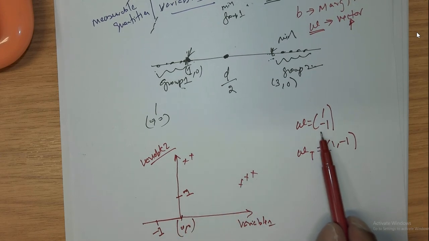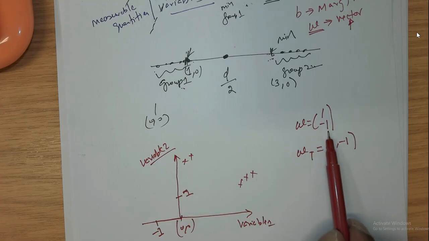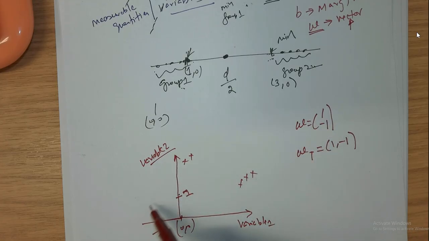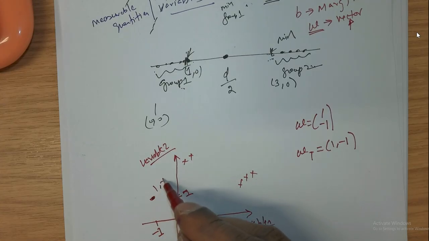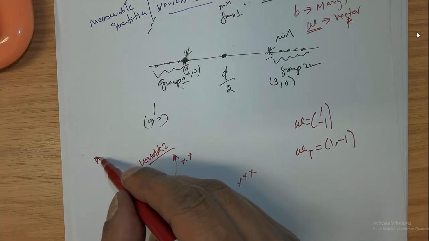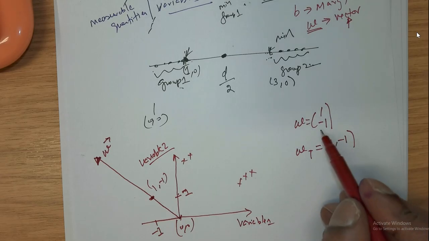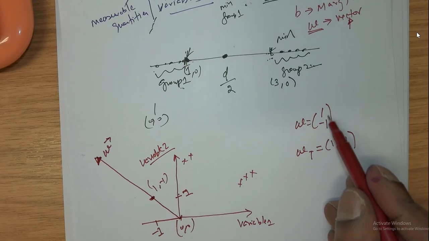If you want to draw this vector on this graph, just plot the point 1 and minus 1, and draw a line starting from 0 comma 0. That's your w vector given by 1 and then minus 1.